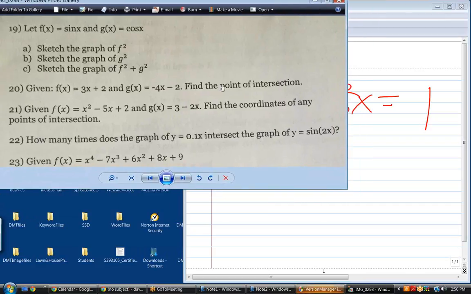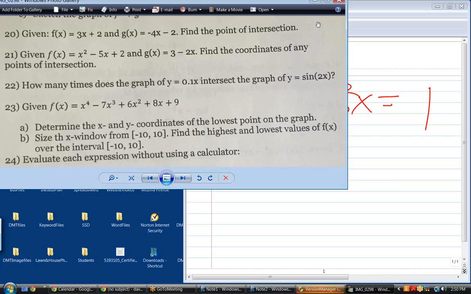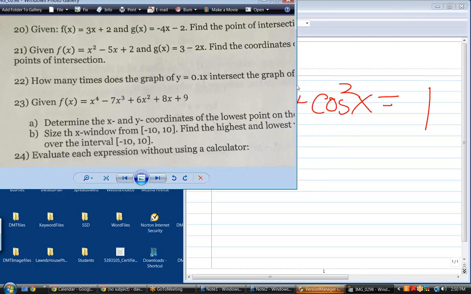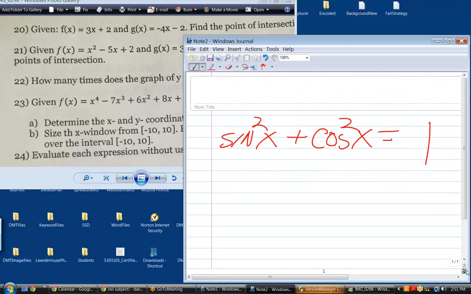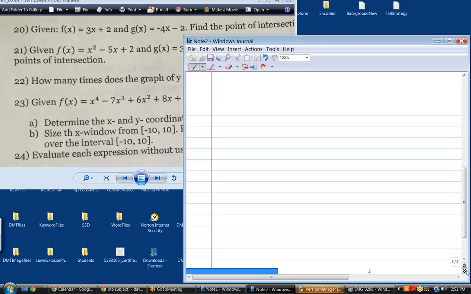How am I going to find the point of intersection between these two functions? How do you find the point of intersection between functions? You make them equal to each other. Exactly.